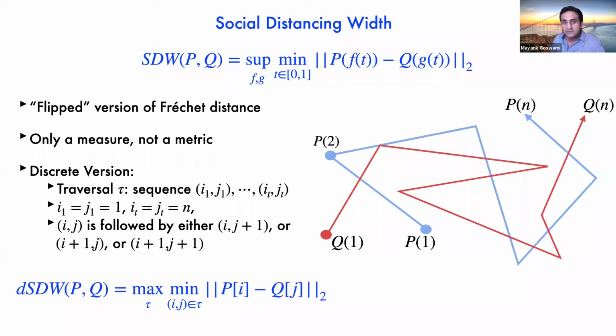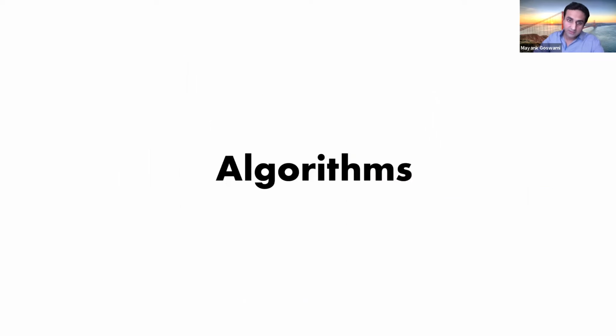And we can also define the discrete social distancing width, in that you want to find the traversal tau that maximizes the closest that these two agents are apart, where now the distance is only measured at the vertices. So you don't measure the distance between arbitrary points on the chain, but only once the agent is at the vertex. So we've got two notions: a continuous social distancing width and a discrete social distancing width.